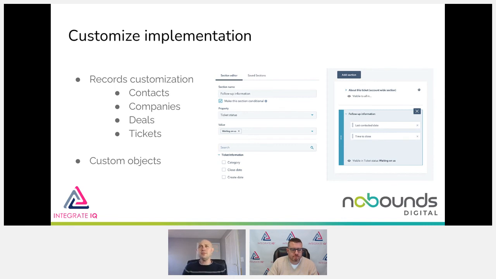Cool. Customizing our implementation. So I want to talk about some of our standard objects like contacts, companies, deals, and tickets. And just like we can customize who sees what properties inside of HubSpot, we can also customize the view that different teams have inside of HubSpot.